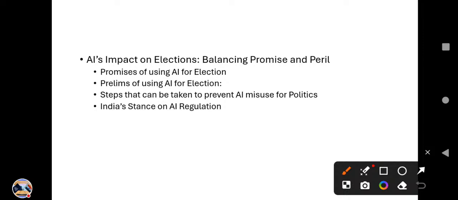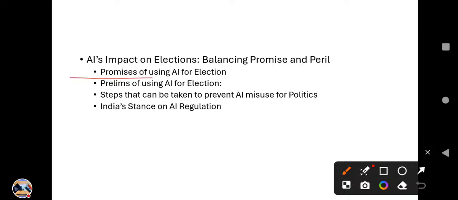Let me tell you that while artificial intelligence promises numerous benefits, its misuse, particularly in elections, raises concerns as well. Like we can use this misuse of artificial intelligence in 2024 elections worldwide, including in India, marking a pivotal moment as artificial intelligence impact on electoral behavior becomes increasingly evident.